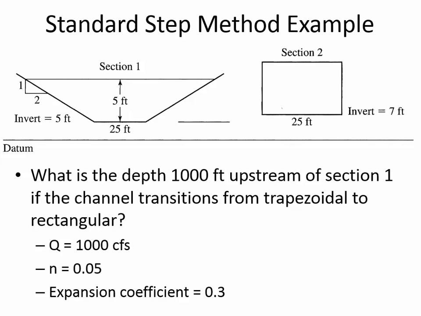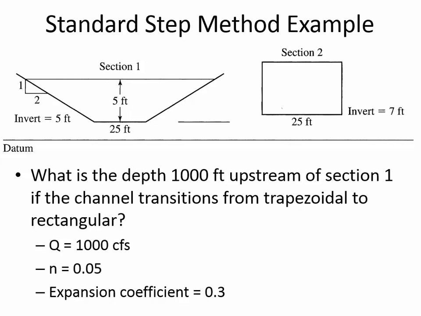Y sub n is greater than yc, so it's a mild slope. That's right. Are we in zone 1, 2, or 3? It's in zone 2. Since y sub n is greater than y, which is greater than yc, zone 2. And so this is an M2 profile.